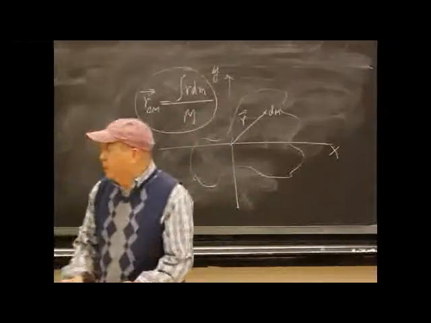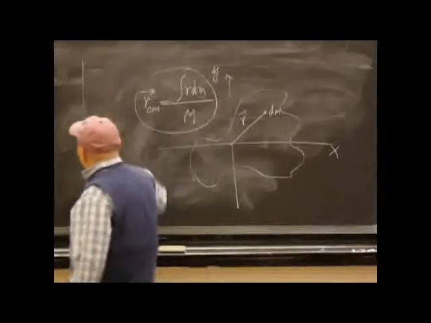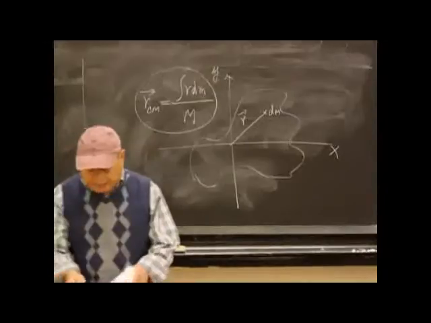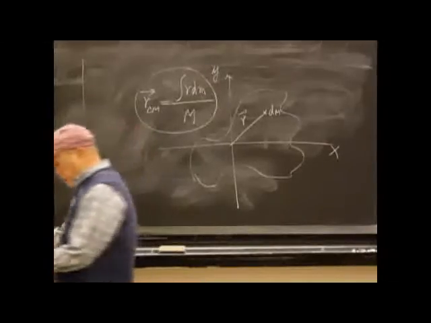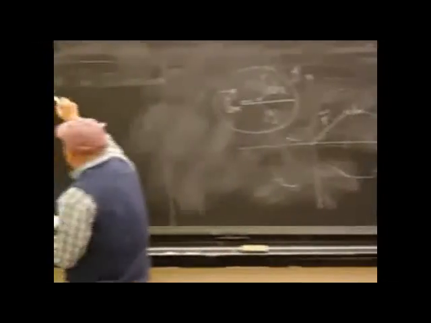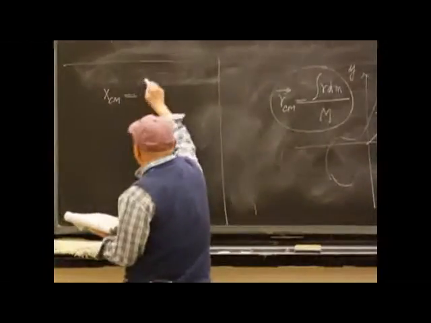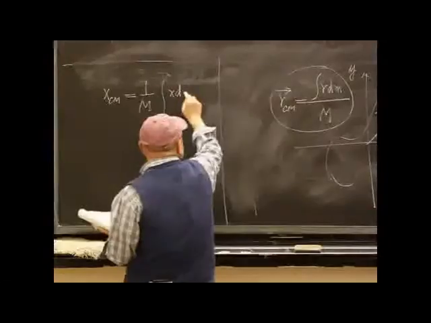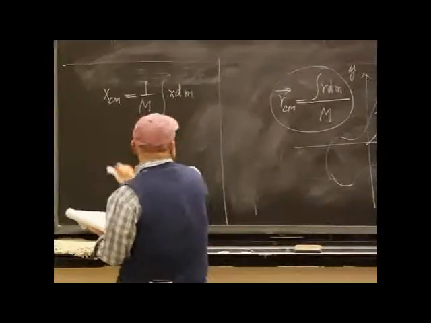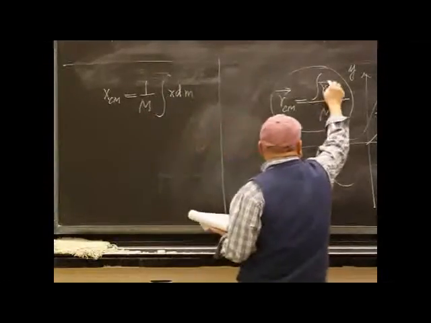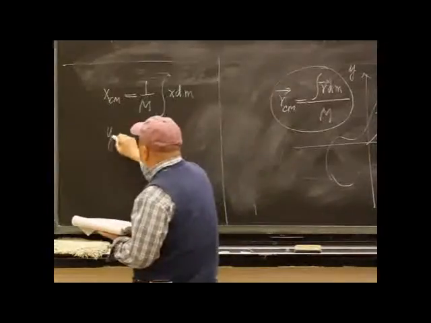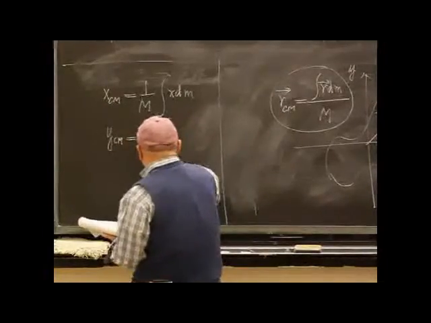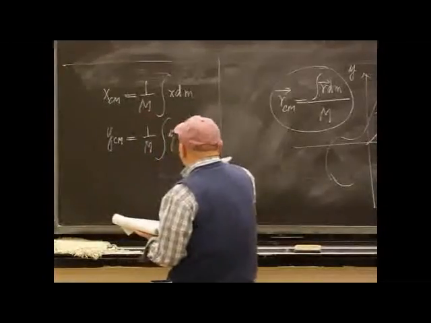For a continuous object, along each individual axis, you do this. X center of mass is equal to 1 over M times the integration of x dm. And ycm is equal to 1 over M times the integral of y dm.